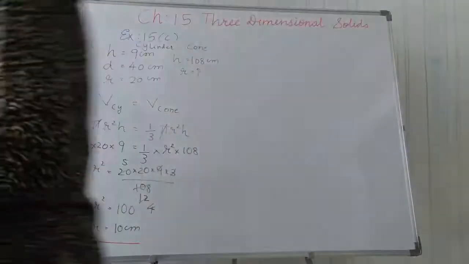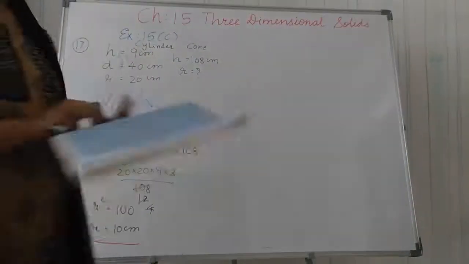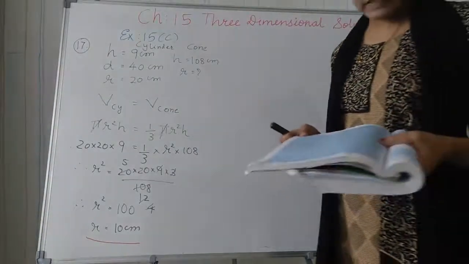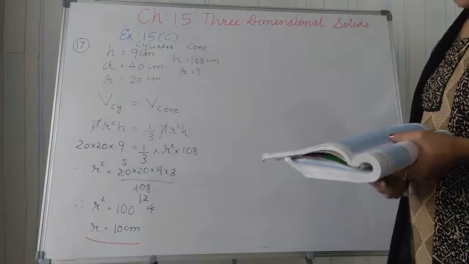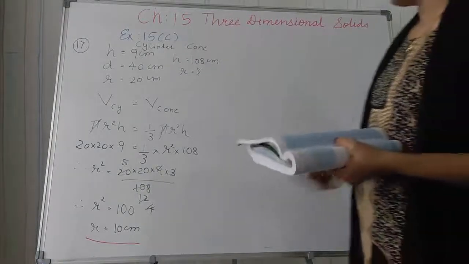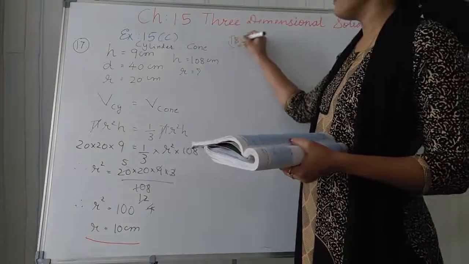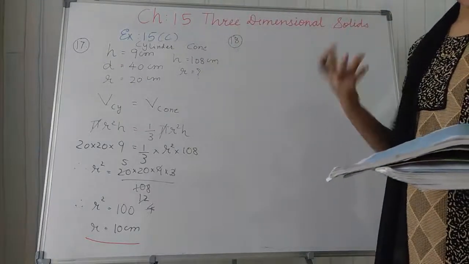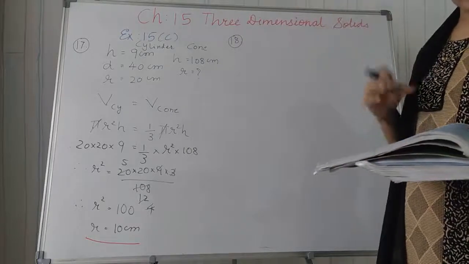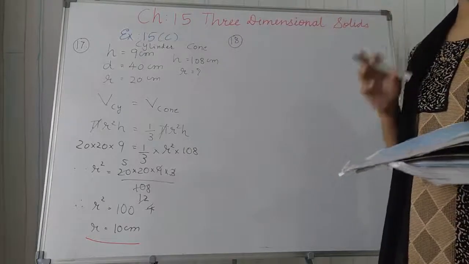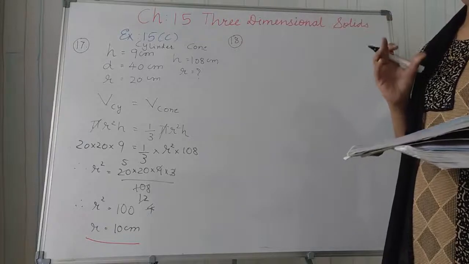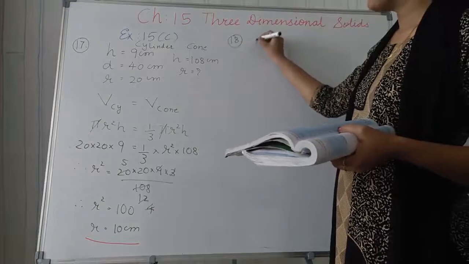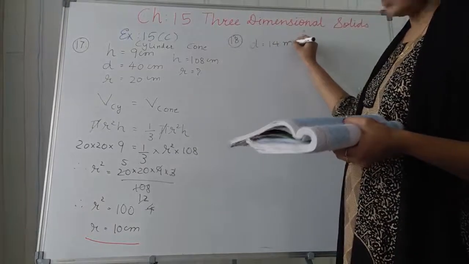Now taking question number 18. In this question, a canvas tent is in the shape of a cylinder surmounted by a conical roof. So here we draw the figure also. That down shape is of cylinder and up it is canvas tent which is of conical shape. The common diameter of the cone and cylinder is 14 meter.